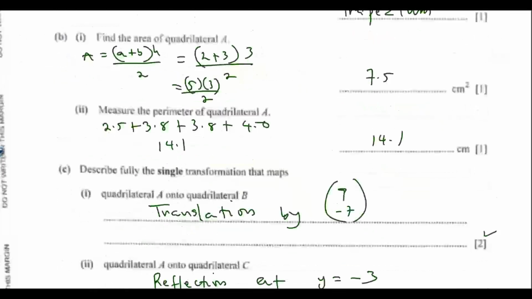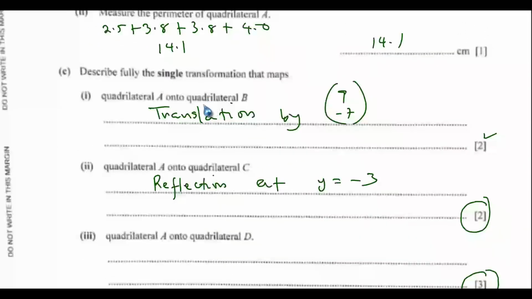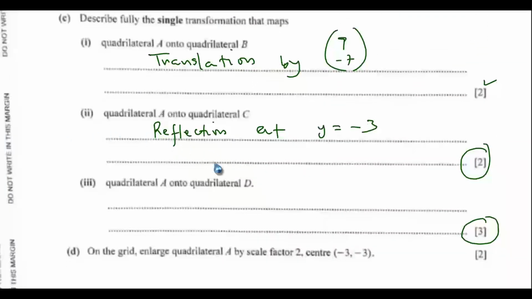I was thinking I didn't get the coordinates of the center of rotation. So it's the origin, x equals 0, y equals 0. So the name of the transformation that maps A onto D is rotation. So write rotation.